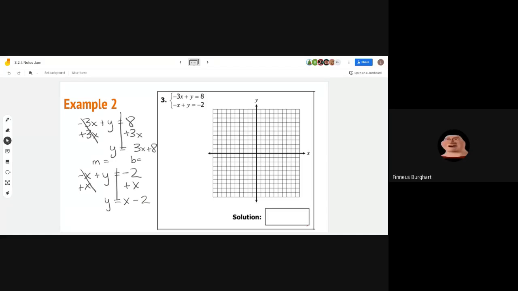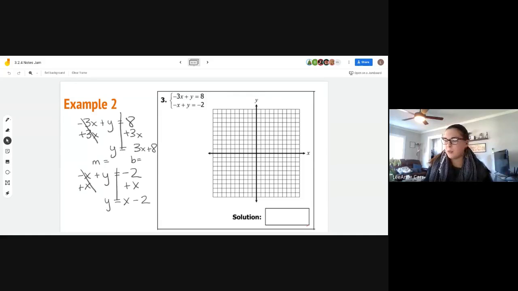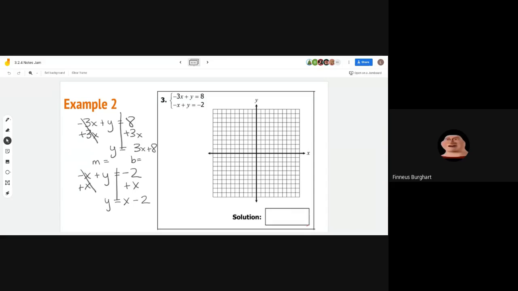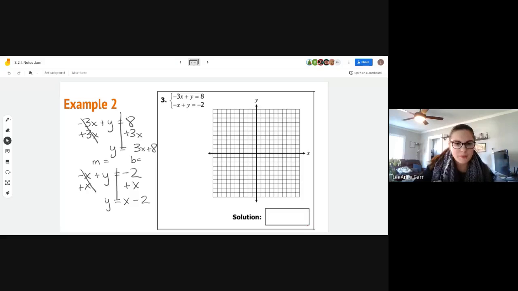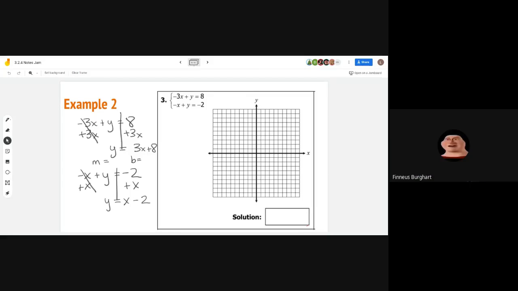So this graph right here, the one that's on the screen? I'm looking at the equation y equals 3x plus 8. What is the slope? Say that one more time, I'm so sorry. Y equals 3x plus 8. The slope is 3. Good.